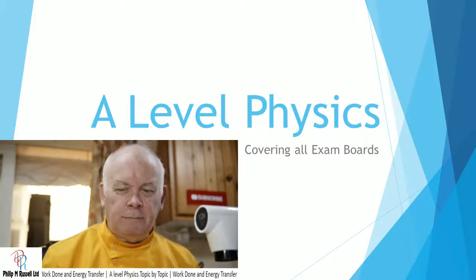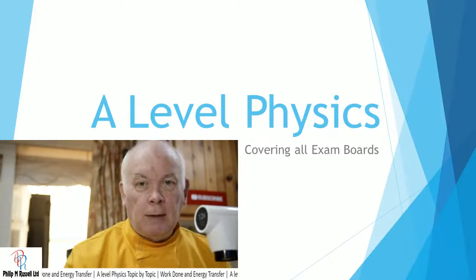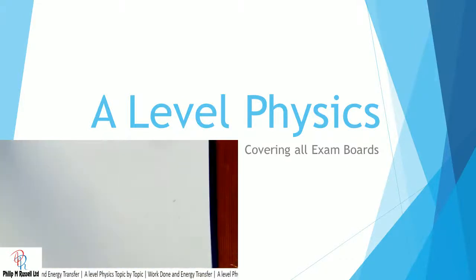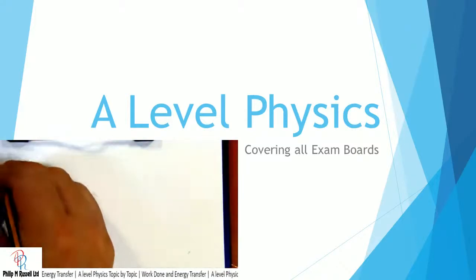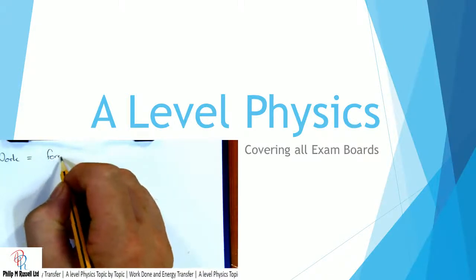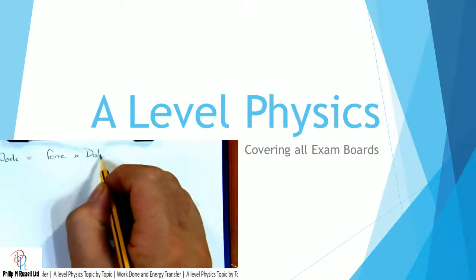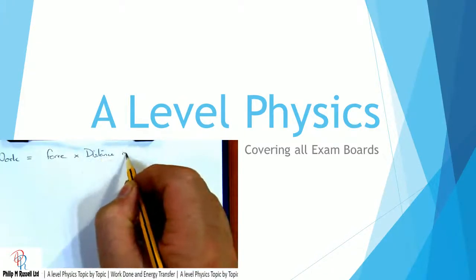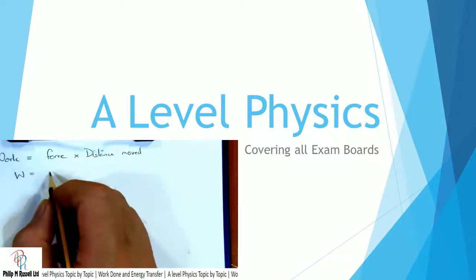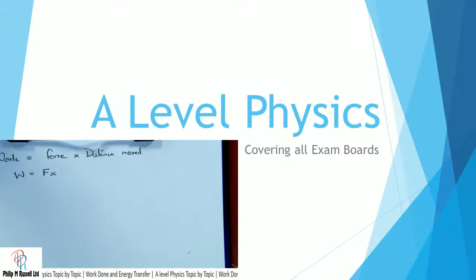Let's start with some definitions, some ideas of what things are. If we start with something simple like work, we can say that work is simply the force that I'm going to exert times the distance moved, and we'll write that as W equals some sort of force times a distance.